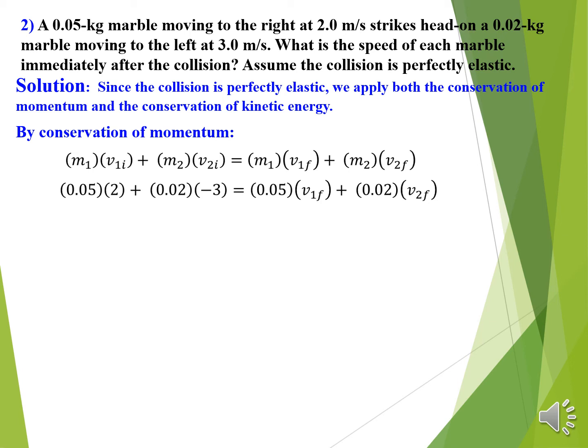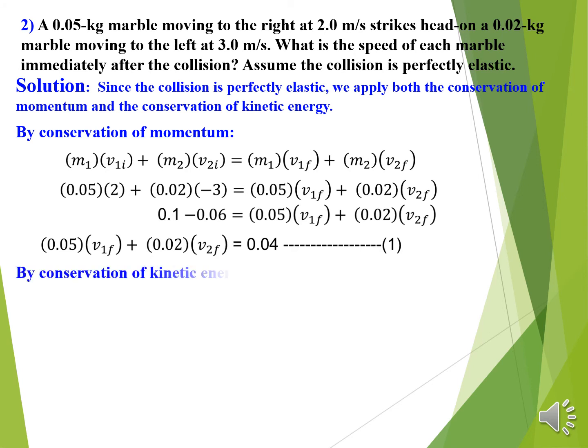Substituting the values, 0.05 times 2 plus 0.02 times negative 3 equals 0.05 times v1f plus 0.02 times v2f. Simplifying, we have 0.05 v1f plus 0.02 v2f equals 0.04. We call this equation 1.